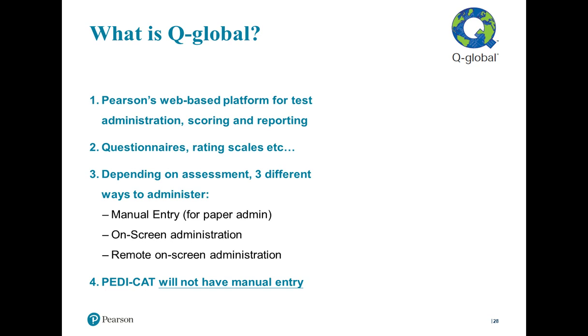However, Q Global allows users to enter raw scores for larger assessments, such as the WISC, the WPPSI, or the CELF-5. Depending on the assessment, there are 3 different ways to administer. There's manual entry, done when you have a paper form and you put the responses in manually.